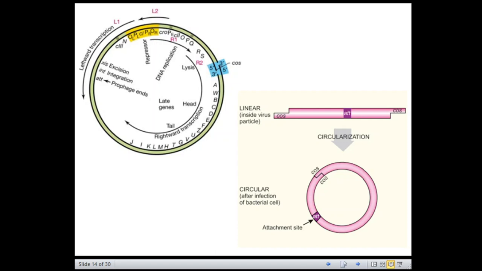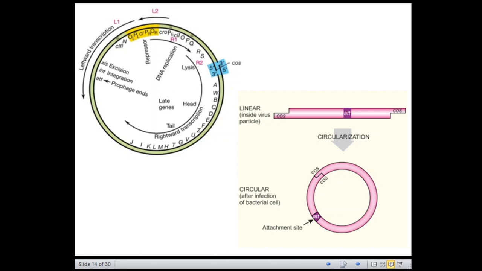I'll repeat it. For the purpose of cloning of long DNA fragments, say a maximum of 25 kilo base pair, much of the non-essential lambda DNA that codes for the lysogenic life cycle is removed and replaced by the foreign DNA insert.